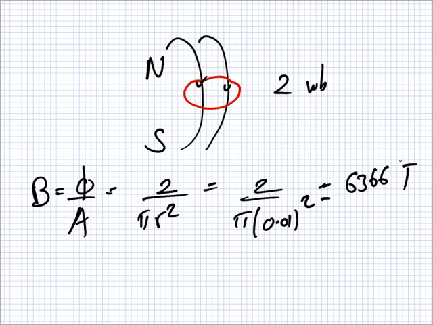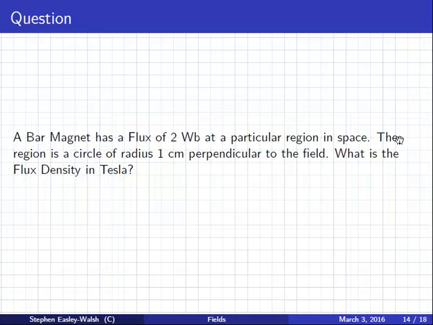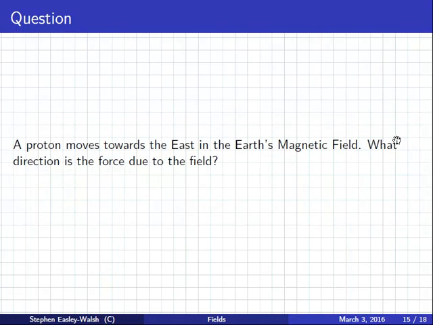Okay, can we go to the next one? Sophie? Yeah? Yeah, okay. A proton moves towards the east in the Earth's magnetic field. What direction is the force due to the field? Okay, so I want you to tell me this one. You have to use your imagination.